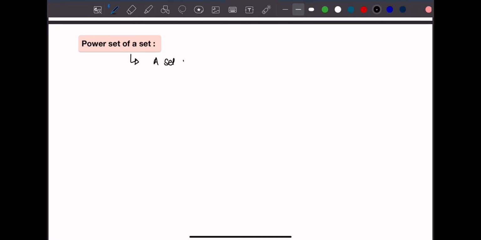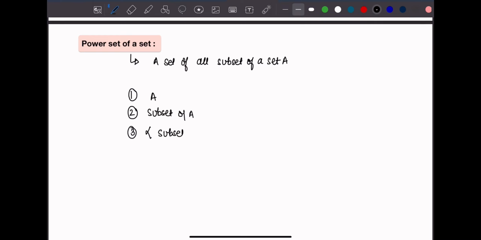A set of all subsets of a set A. Power set is the set of all subsets. The steps to find the power set: first, we have set A, then second, we find the subsets of A, and third, put all the subsets of A in curly brackets.